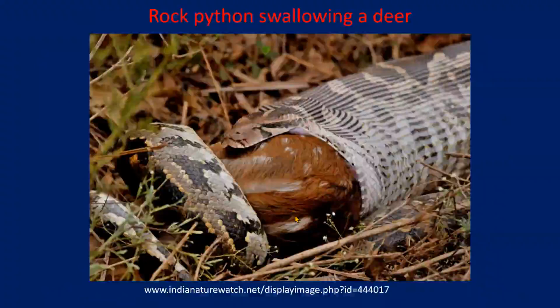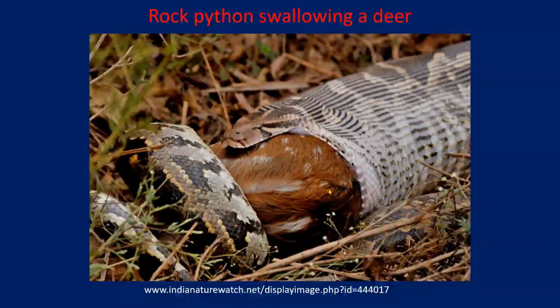Now here, I'm giving you one more example, and I think I already talked about the intestine, so it's a very similar example. What you see is a python which is swallowing a deer. You might have heard or read somewhere that once a python has its prey, after eating it is very lethargic. It will stay at that position for a long time, and during that process it is digesting.